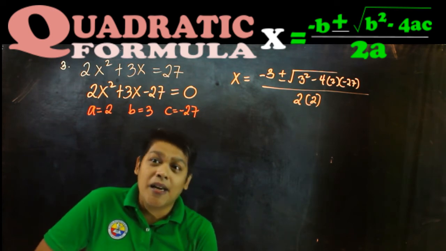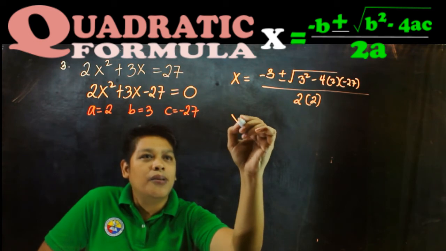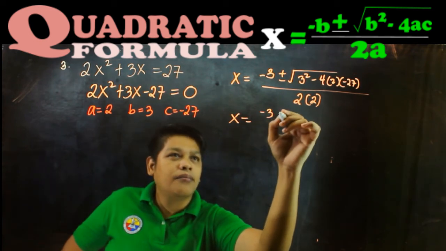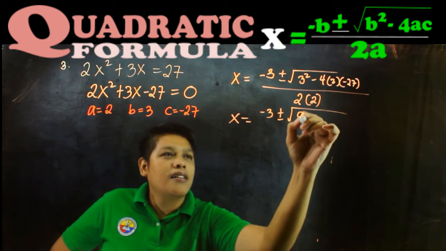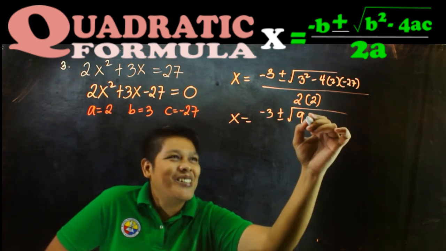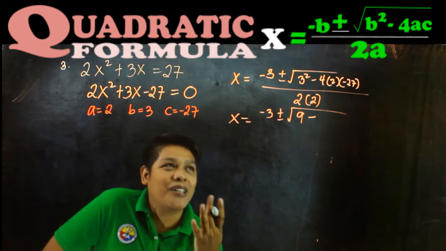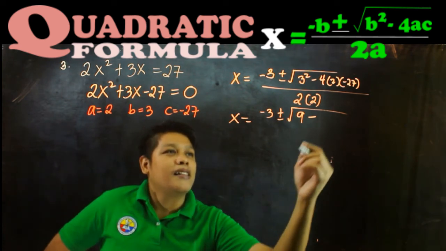So, yan. Napasok na natin yung ating mga quantities, no? So, mga value. Okay, so x equals negative 3 plus or minus square root of 9, kasi 3 squared equals 9. Minus 4 times 2 times negative 27 is 216, no?